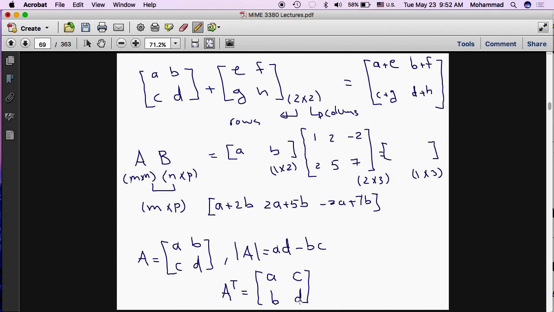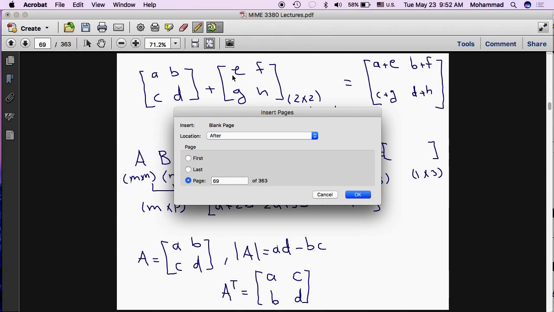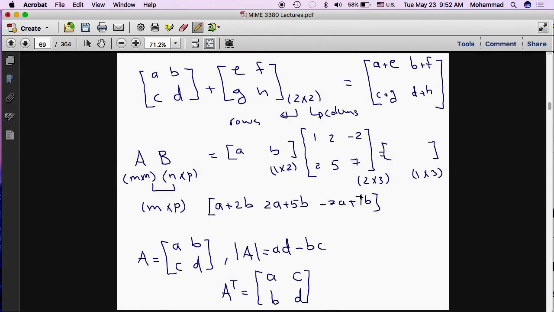What else do we need to review? Maybe the next thing to review is inverse of a matrix. By the way, let's say A is A, B, C, D, and it's in a way that determinant of A is non-zero.